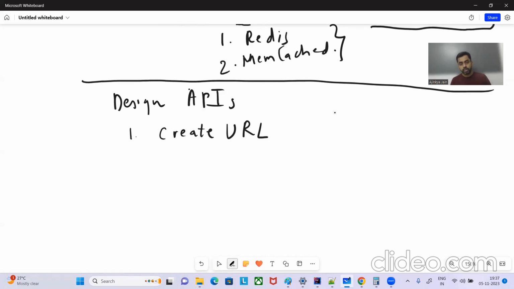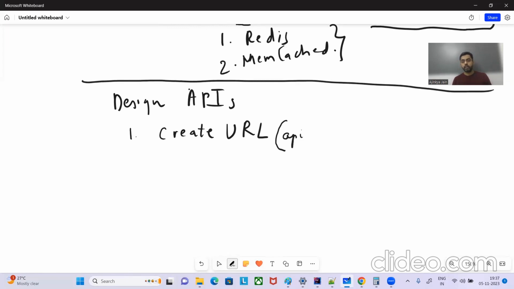The user will give the long URL, and in response the system will provide the short key, the short URL.